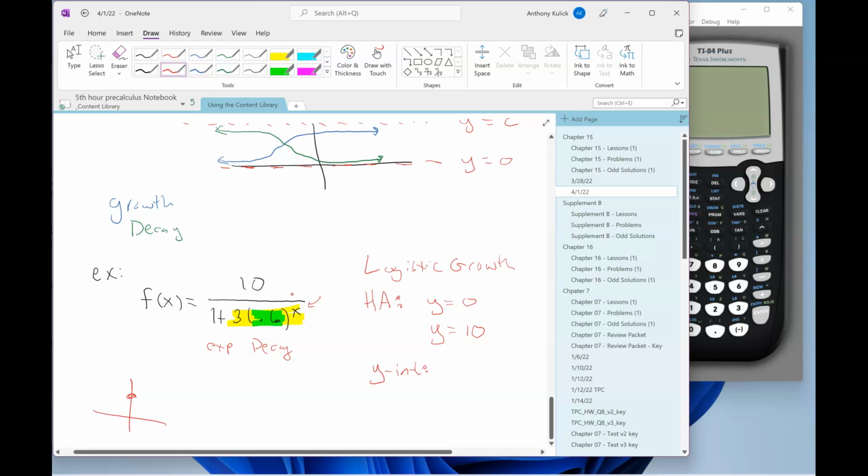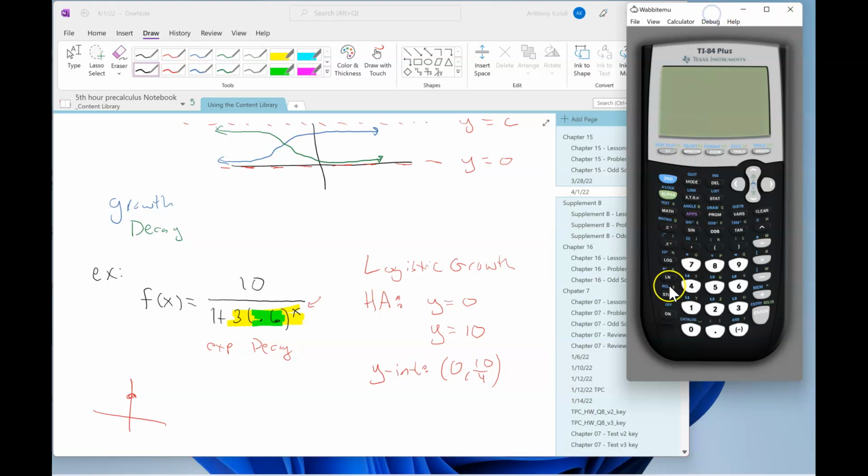So 1 plus 3 is the denominator. Agreed? So I have 10 over 4. And yes, you could reduce that to 5 over 2. That would be preferable. Or the decimal 2.5 is also appropriate. Does that feel okay? And just for grins, let's take a look at this function so you can see the dueling asymptotes here.